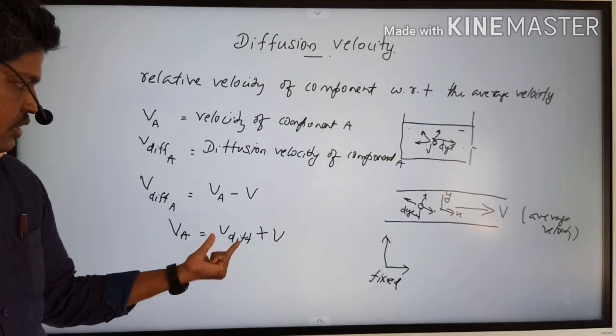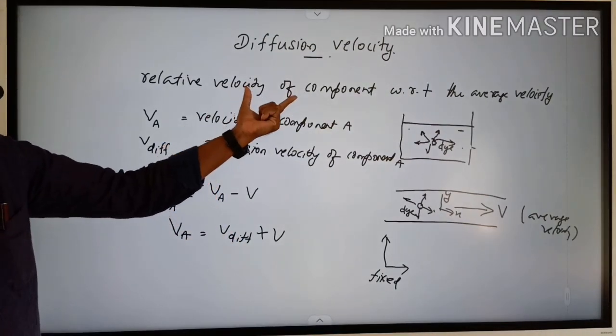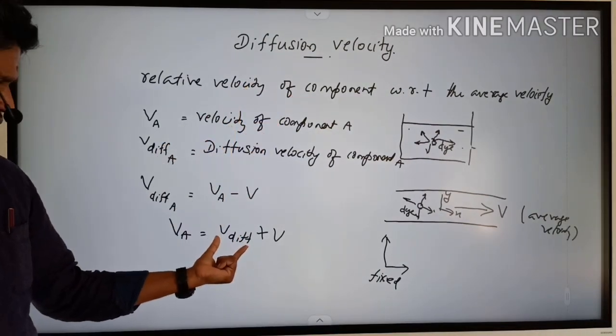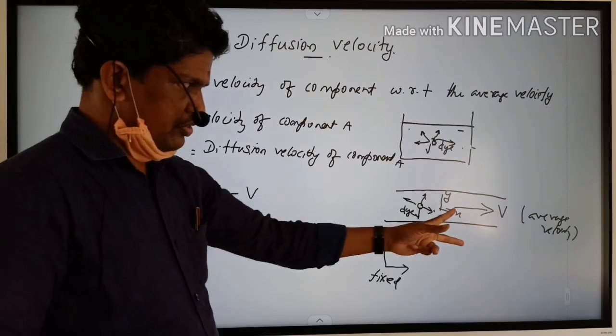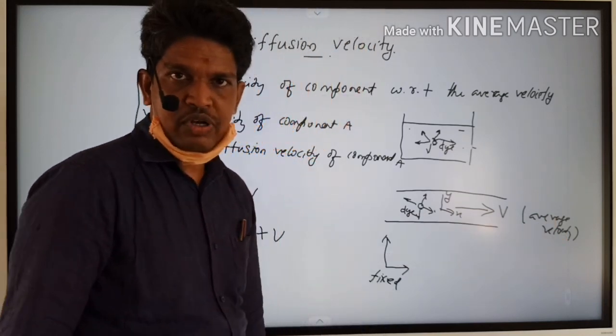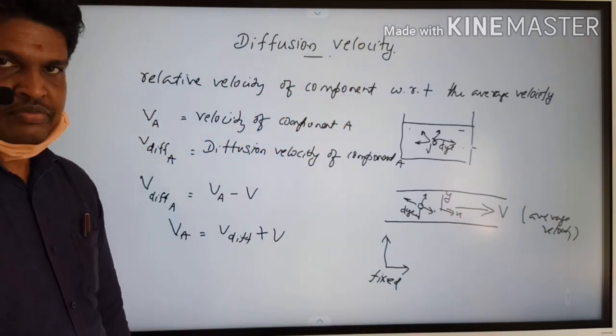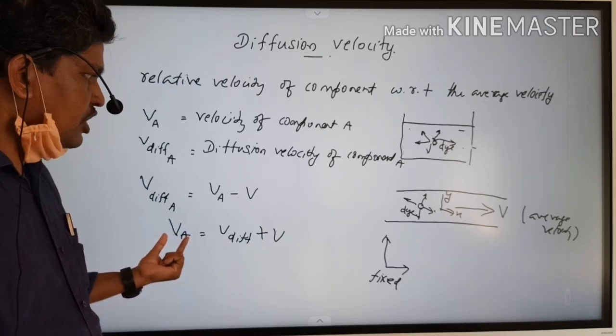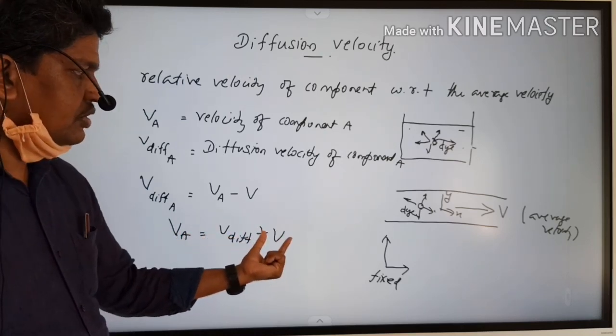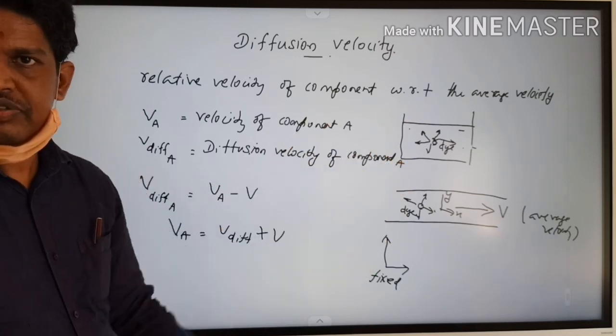Then V diffusion is the relative velocity of the component with respect to the average velocity, this is the diffusion velocity. Then V is known as the bulk velocity, or the average velocity of the mass. So the total velocity of the component is equal to diffusion velocity plus velocity due to the bulk motion of the fluid.